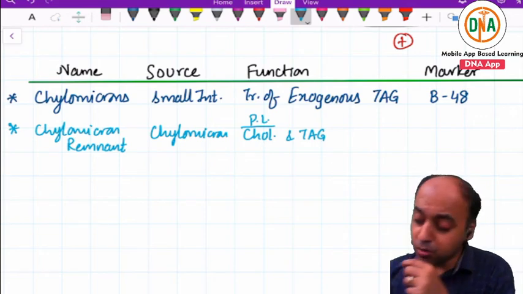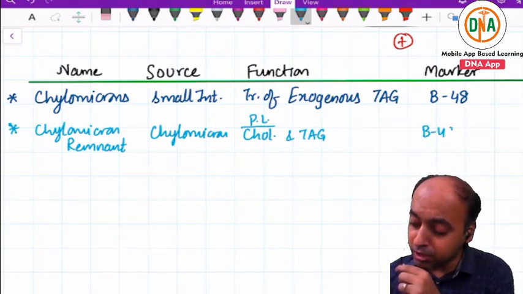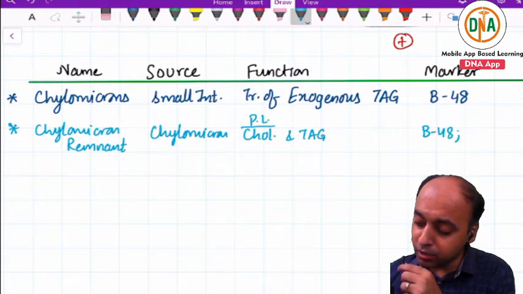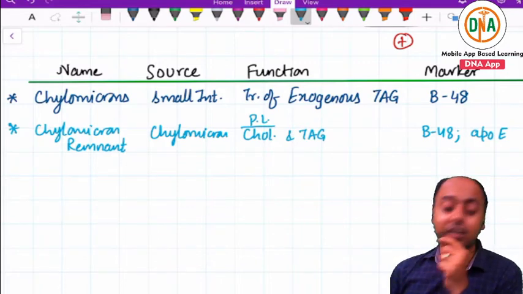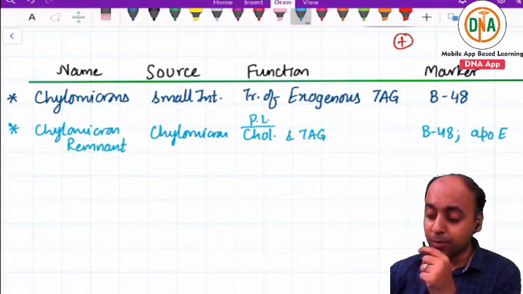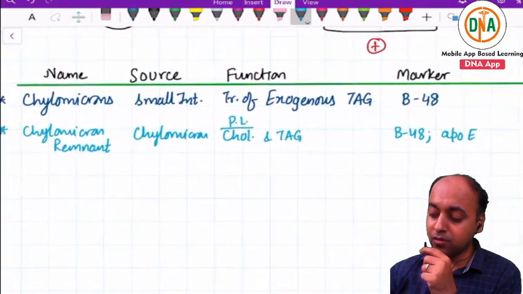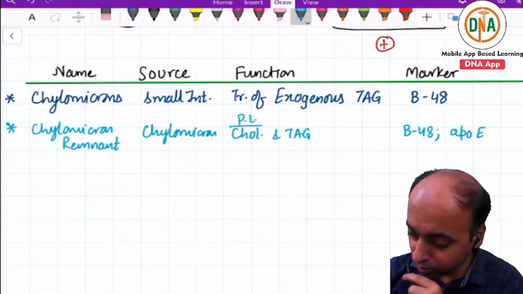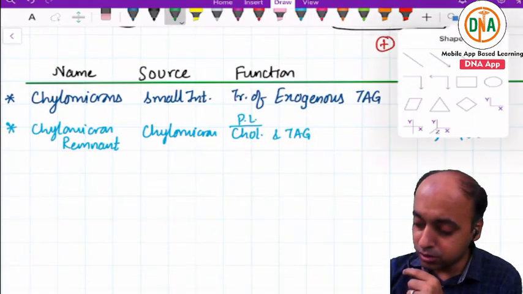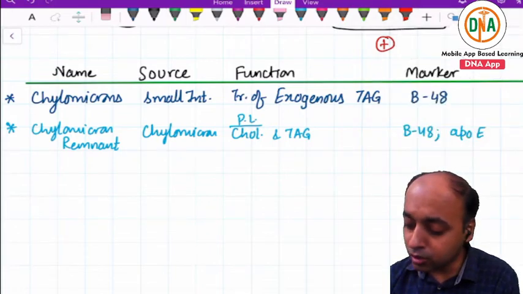Whenever we talk about a remnant, the primary marker will be there, but in addition we will always have the apolipoprotein E. E is the hallmark of the remnant lipoprotein. So whenever we talk about the remnant lipoprotein, we must have apo E. Okay, so this is the chylomicron and the chylomicron remnant.